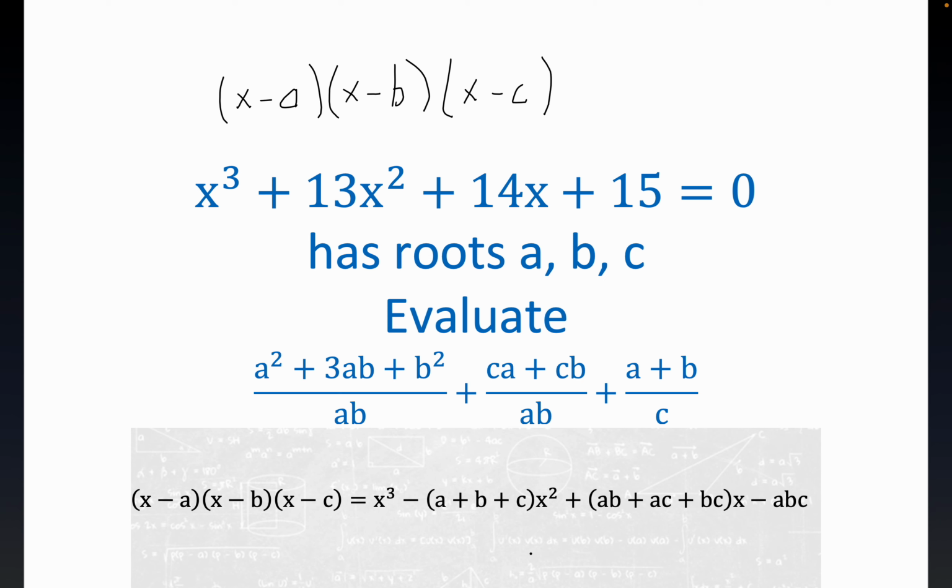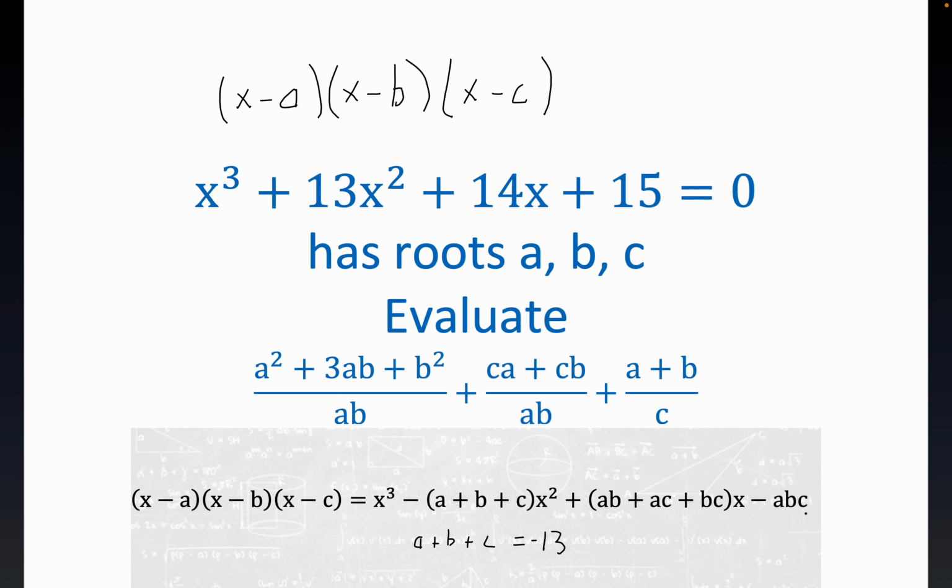And so what we can conclude right now already is that a plus b plus c is equal to negative 13, and that's by inspection. Again, folks, you literally equate this coefficient right here with the constant 13, and you get the sum of the zeros equals negative 13.